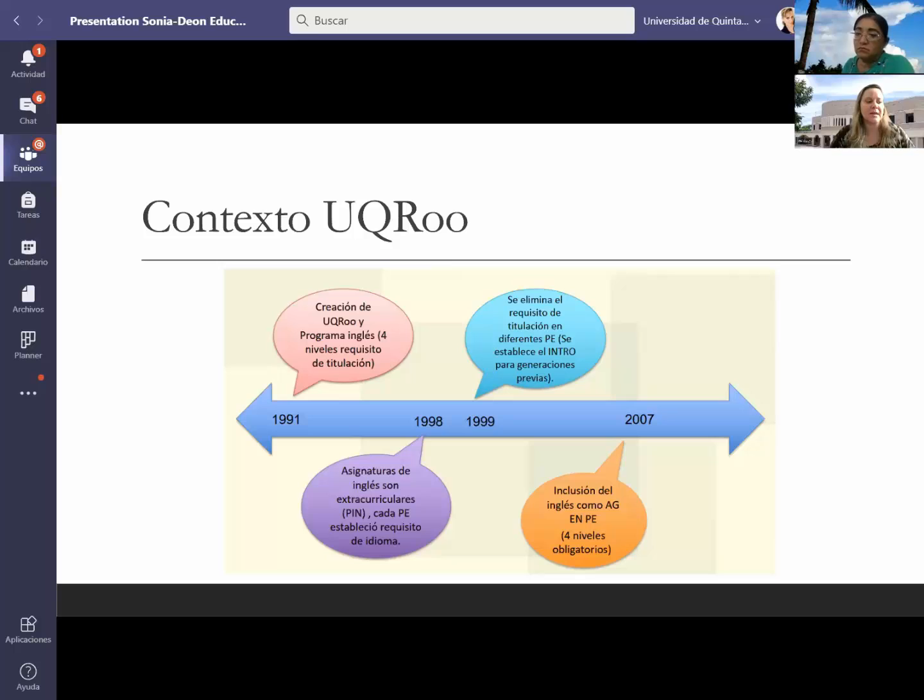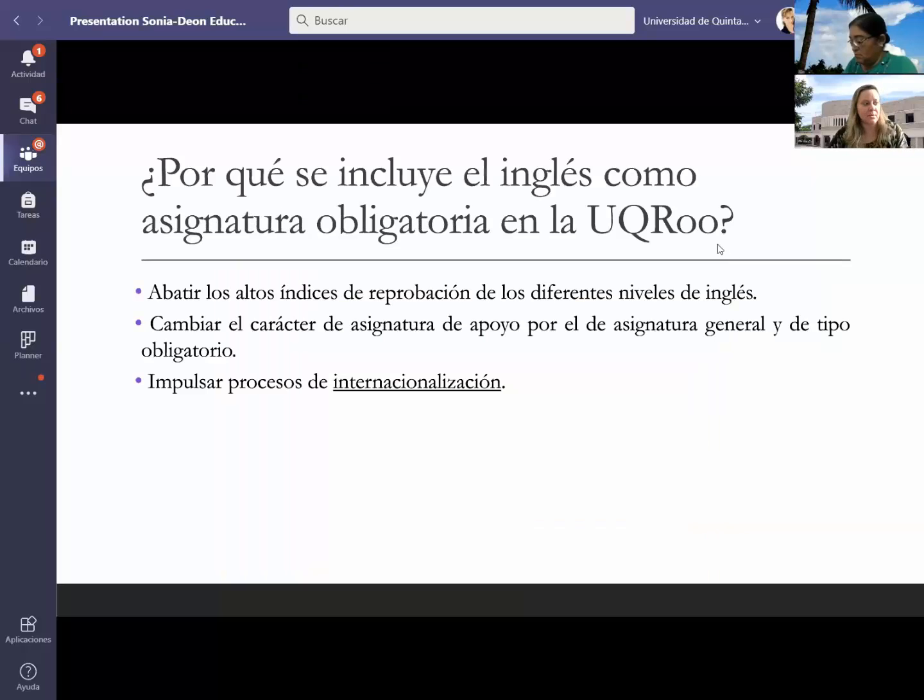Entonces, ustedes pueden ver, hasta el 2007 viene la inclusión del inglés como asignatura general en los programas educativos y ahora ya se habla de 4 niveles obligatorios. Se estarán preguntando, ¿qué tiene que ver esto con cómo enseñamos inglés? Y en un momento les voy a explicar un poquito más de cómo incide esto a través de un estudio que hicimos en el 2000.